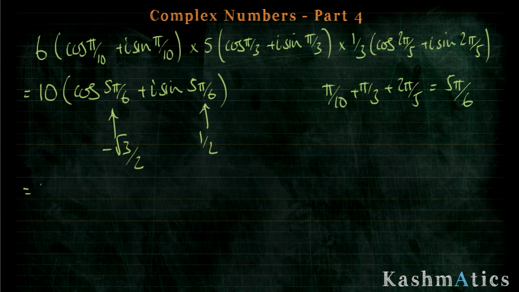So that's going to be the same as 10 in brackets minus root 3 over 2 plus i times a half. So let's just write that as a half i. And then if I expand the brackets, I'll get minus 5 root 3 plus 5i.